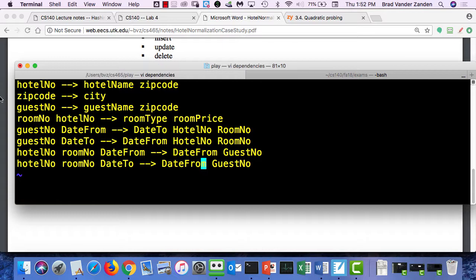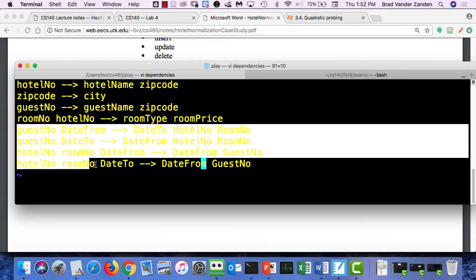And the reason is that if I made the primary key be guest number and date from, from my perspective, it turns it into a boring exam problem because what did I tell you about first and second normal form in this case? Actually, that's not true. I take it back. There is a partial. I was thinking that with just guest number it was already in second normal form, but that wasn't quite true.